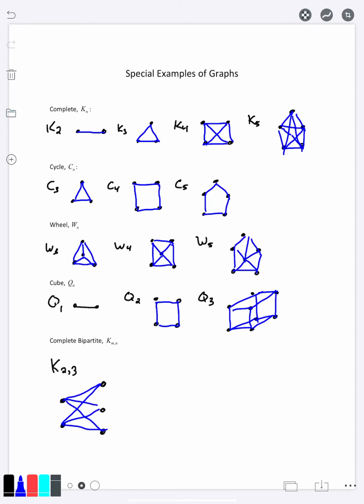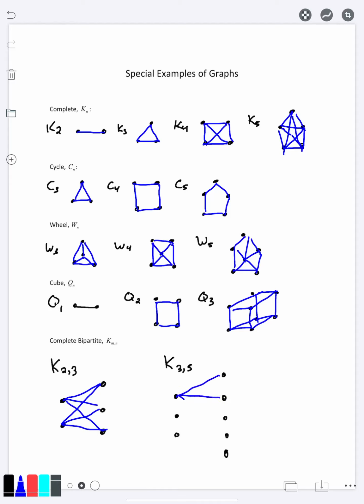The left side would be one group, the right side would be the other group. Similarly, if I wanted K3,5, I would have 3 vertices on one side, 5 vertices on the other.